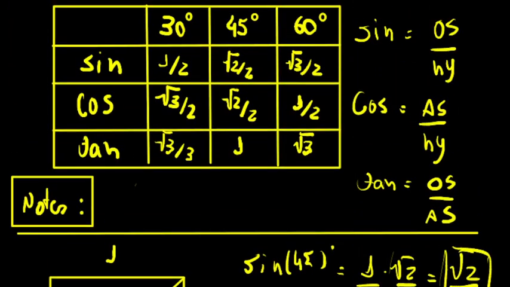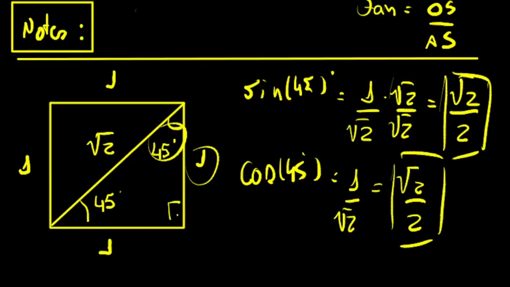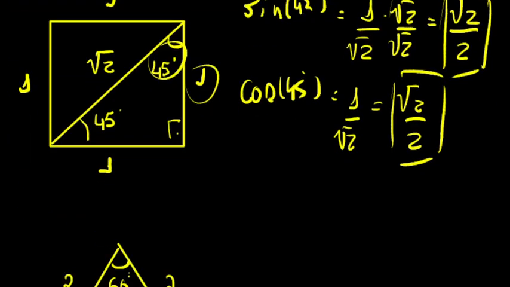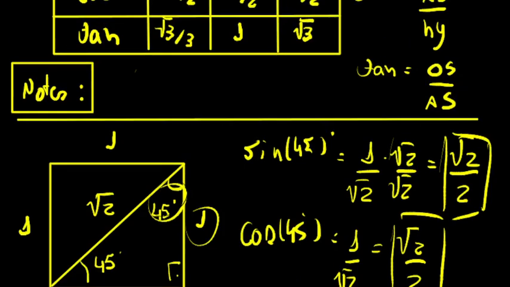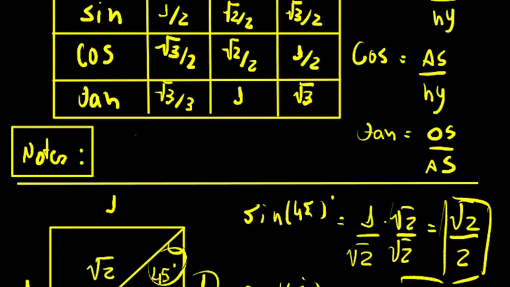Yes, it's true. And last, the tangent of 45. Let's take this angle again right here. So the tangent of 45 is equal to 1 divided by 1, and we get 1. We can verify, and this is all true.